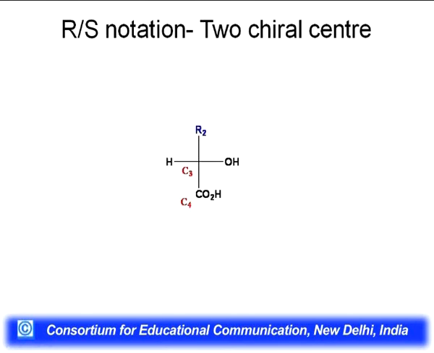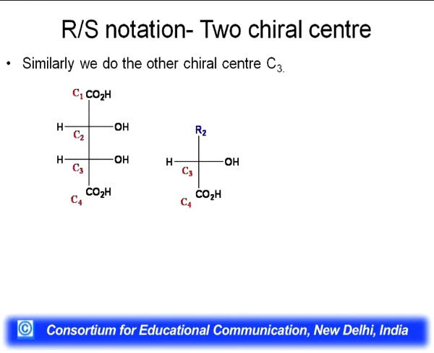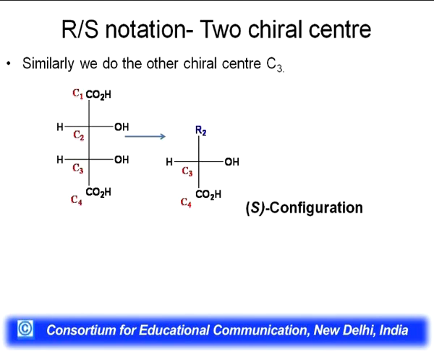Similarly, we can do the configuration of the second chiral carbon, which is the C3, by putting the above groups as R2. When we put R2 and do the numbering in a similar way, I am sorry, the numbering was not there.